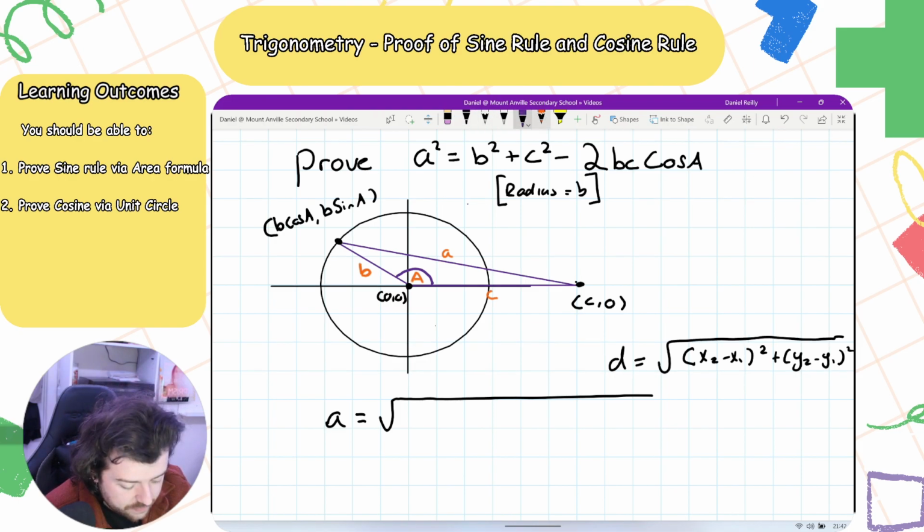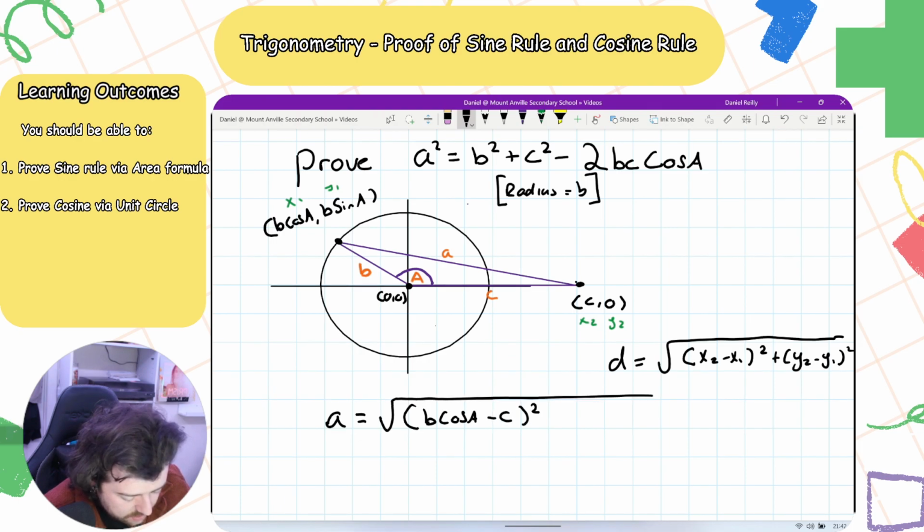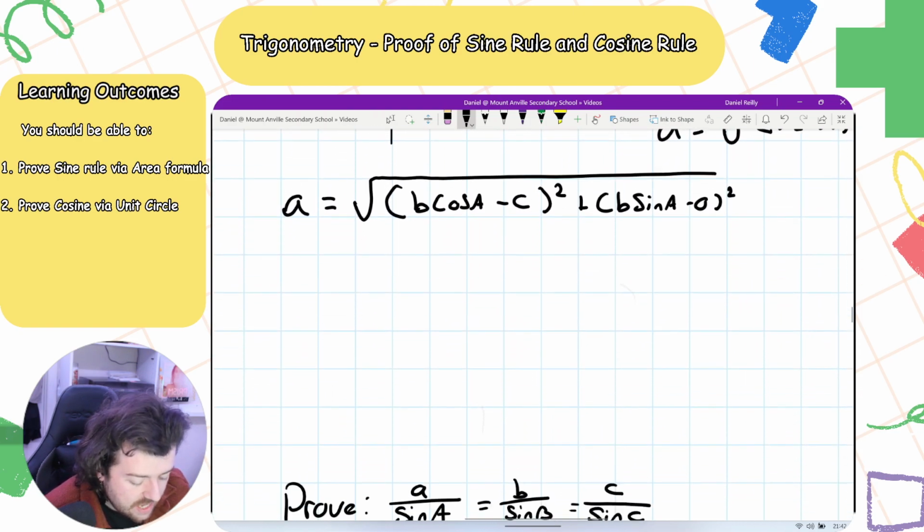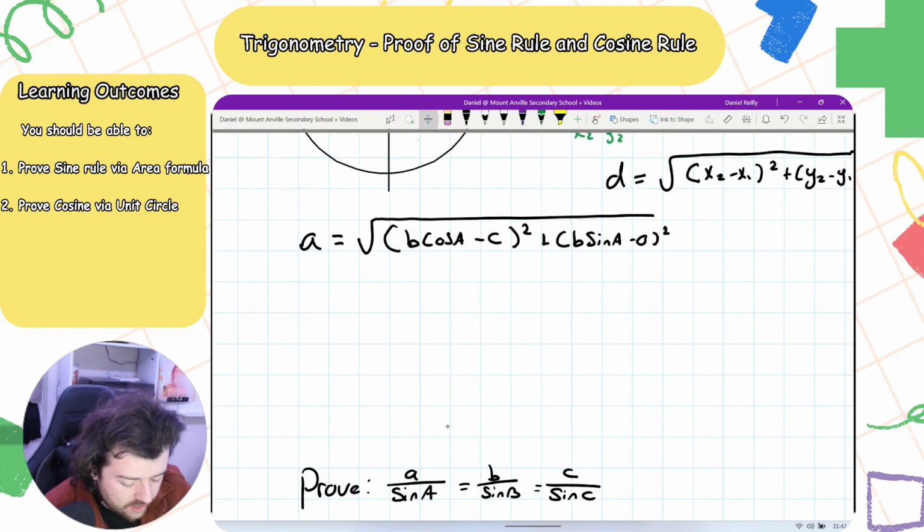So just label your 2 points, x1, y1, x2, y2. So let's draw it out. I'm going to have the square root of b cosine A minus c, squared, plus b sine A minus 0, squared. Now I have this, and the rest should fall into place.